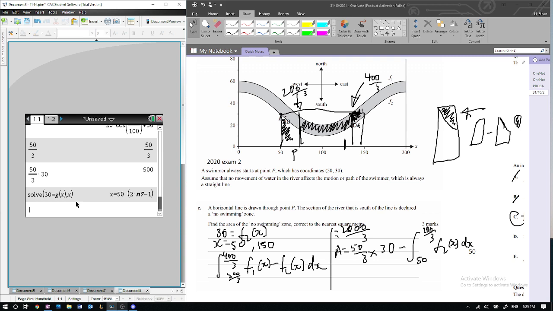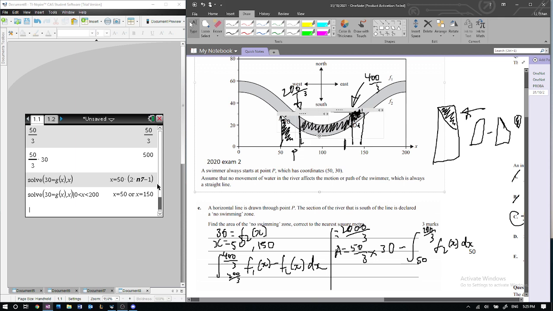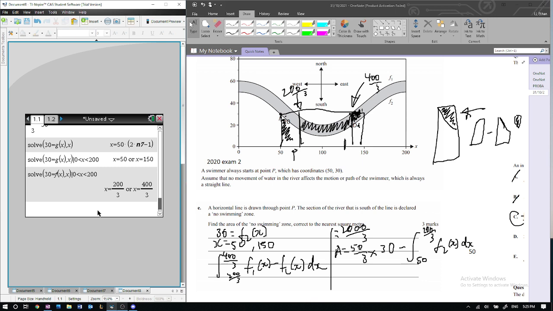Need to do my domain. Okay, 50 and 150. So I have the outermost ones right. 200 on 3 and 400 on 3. Okay, so the terminals are right. So let me just do this whole thing again.